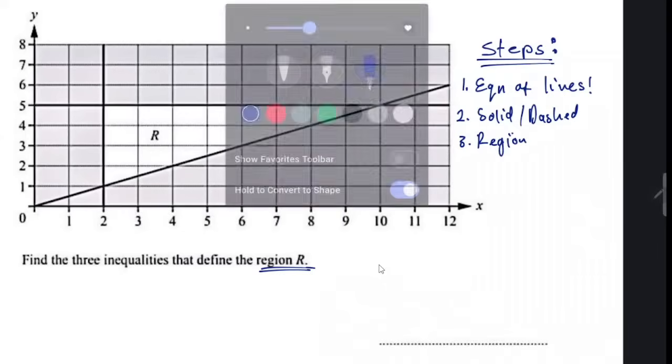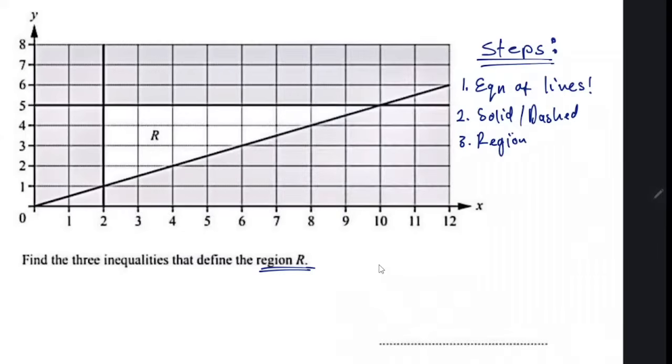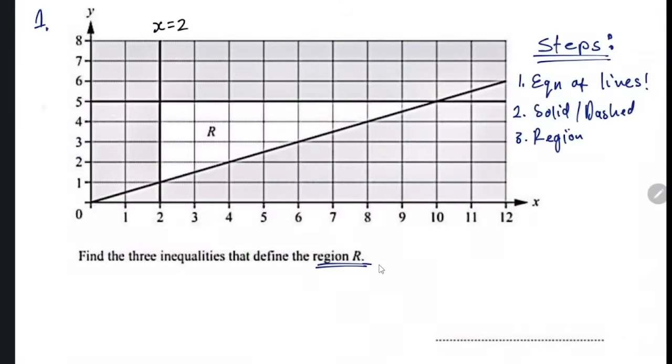So let's make the equation. Step number 1, equation of each line. You can see that it's on the x-axis, it's cutting the value of 2 at the x-axis. It stays there. So this is called x equal to 2. This whole line is staying at the value of 2 on the x-axis. Then this one, which is like this, is the line y equal to 5.